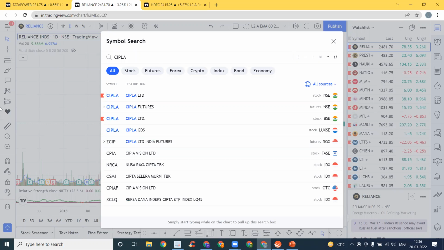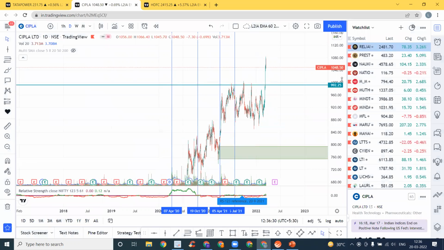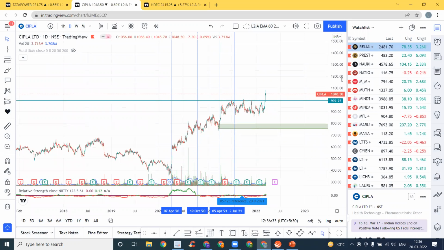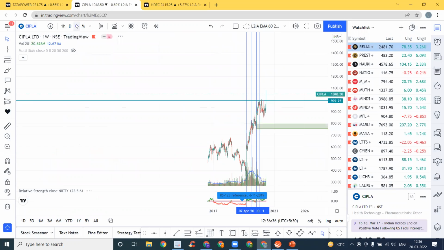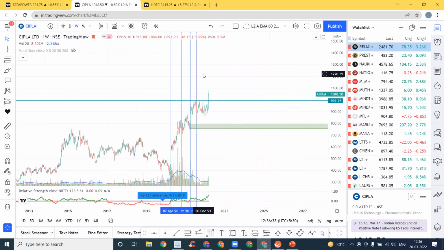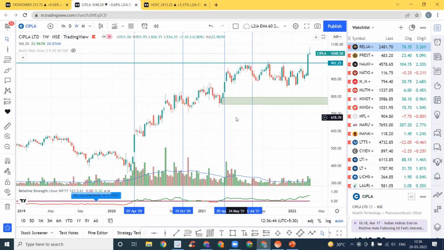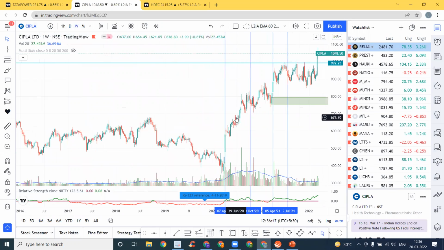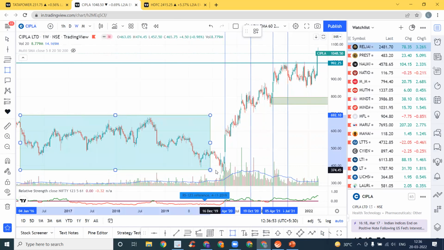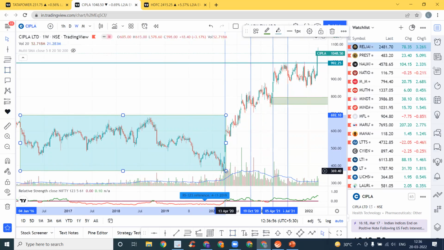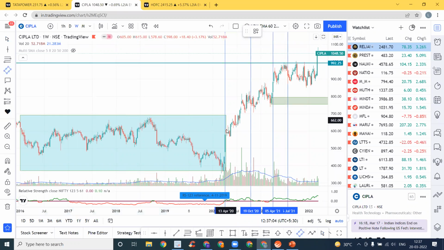देखिए ये सिप्ला का स्टॉक, see here, Cipla was here in the accumulation phase for a long period of time. कोविड आया, उसको लगा अभी कुछ मौका है, तो कोविड में उसने थोड़ा गेन्स करना चालू किया.